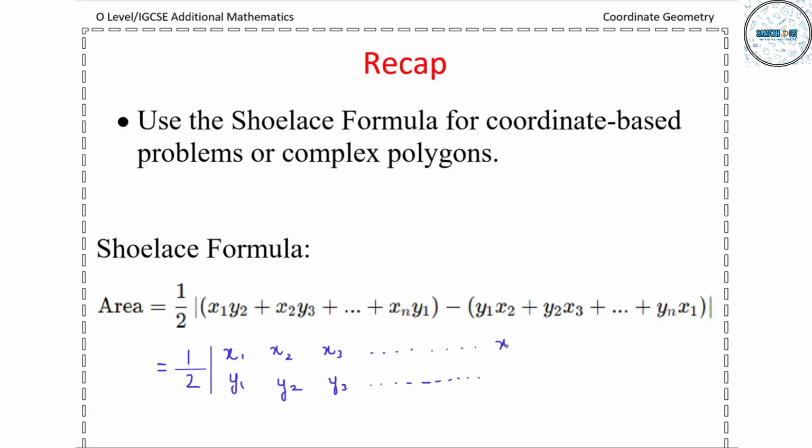The last one is to be xn, yn, then x1, y1. x1, y1 is to be repeated whatever the polygon is.